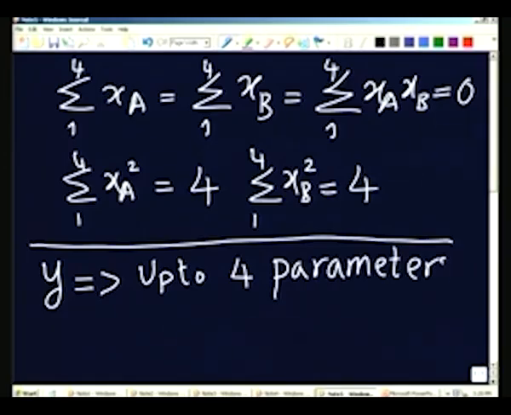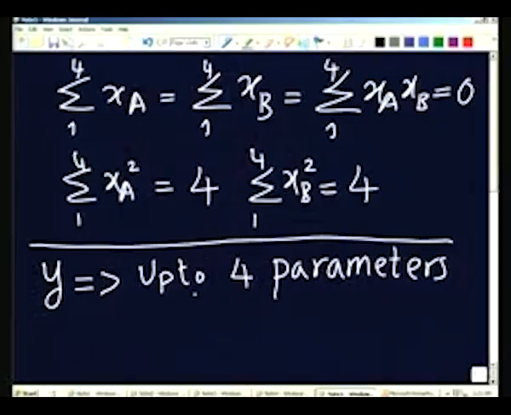Because I am conducting 4 experiments, I have got 4 y values and the corresponding values of the xa, xb and the product xa, xb. Therefore, I will be able to fit a curve or find a relationship which can support only 4 parameters. Therefore, I will think in terms of what is that function which can have 4 parameters.